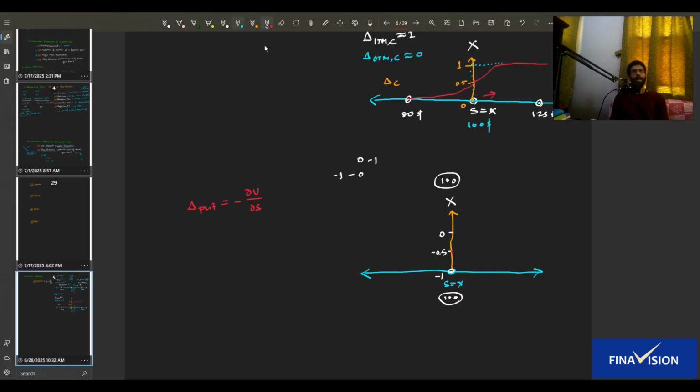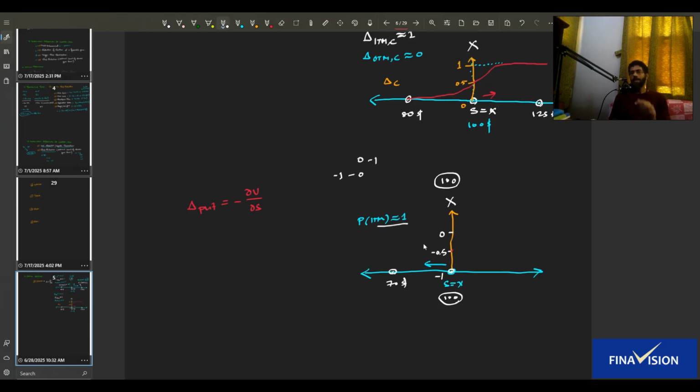So now if the stock moves downwards, this side, the probability of the put being in the money goes up, right? As it goes deeper in the money, it goes closer to 1, right? Let's say the price of the stock has gone down from 100 to 60 or 70, let's say $70. At that point it is very close to 1, right?